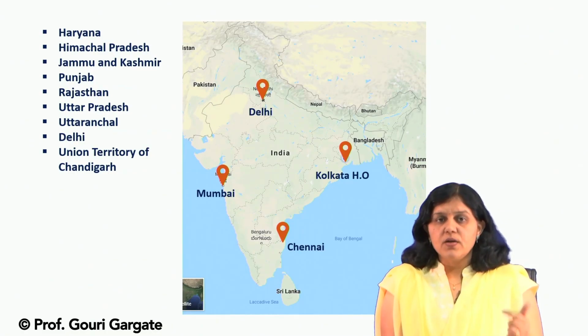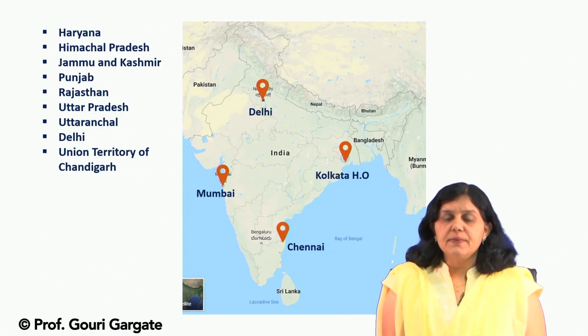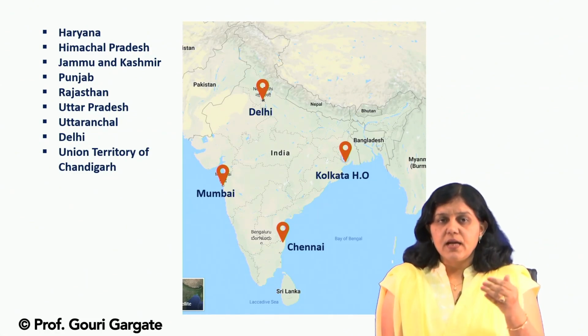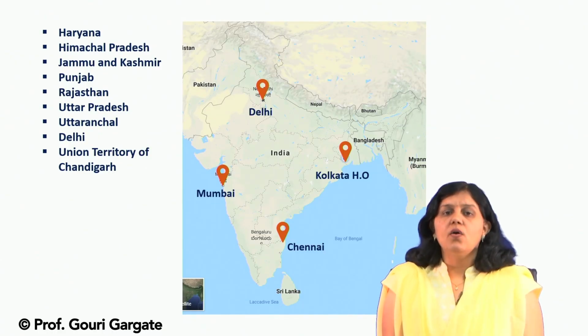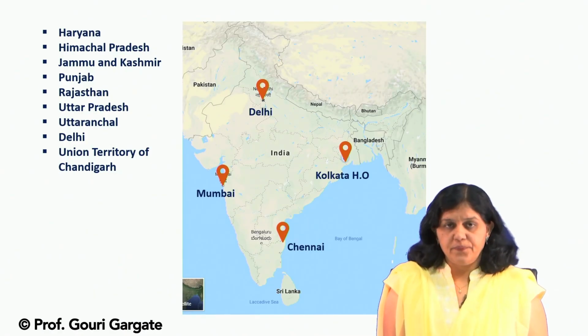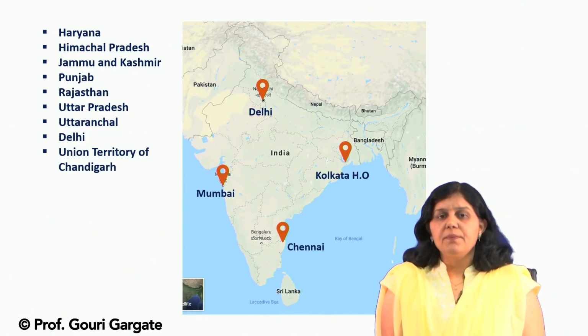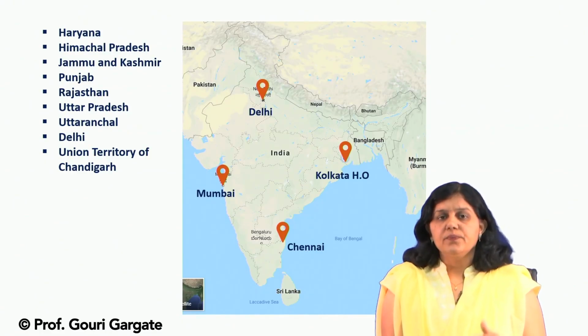If you see the number 2018 and 1, you can easily guess by seeing the number only that this patent application is from Haryana, Himachal Pradesh, Jammu and Kashmir, Punjab, Rajasthan, Uttar Pradesh, Uttaranchal, Delhi or Union Territory of Chandigarh.